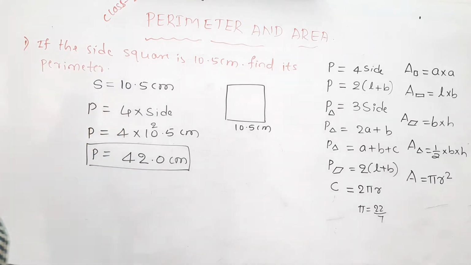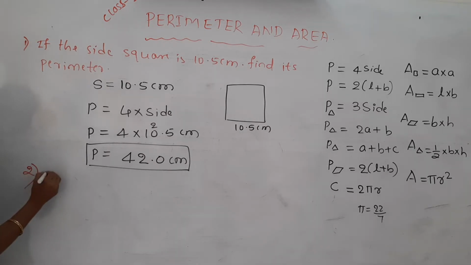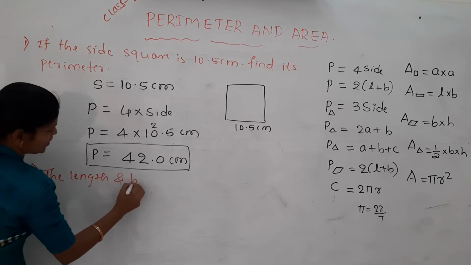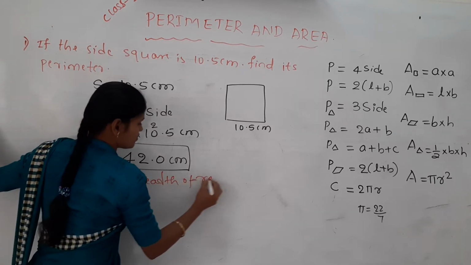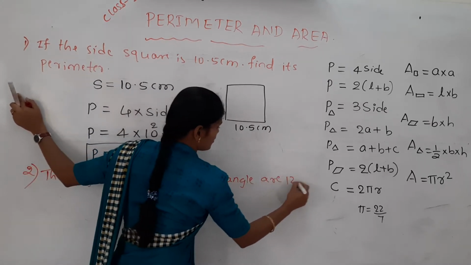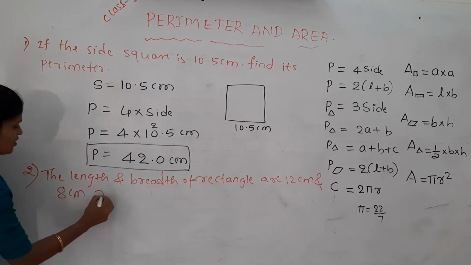Same way, one more question. The length and breadth of a rectangle are 12 centimeter and 8 centimeter respectively.